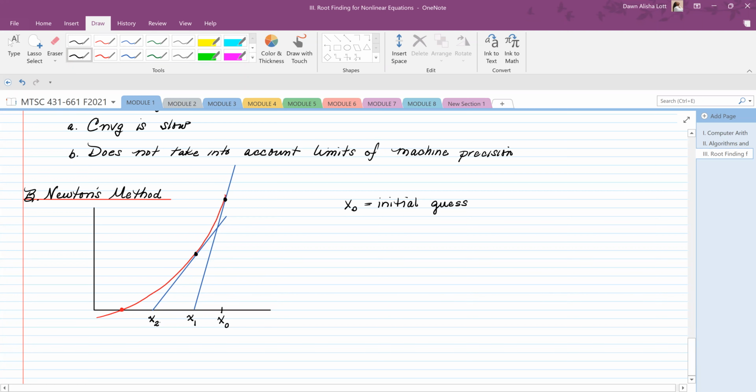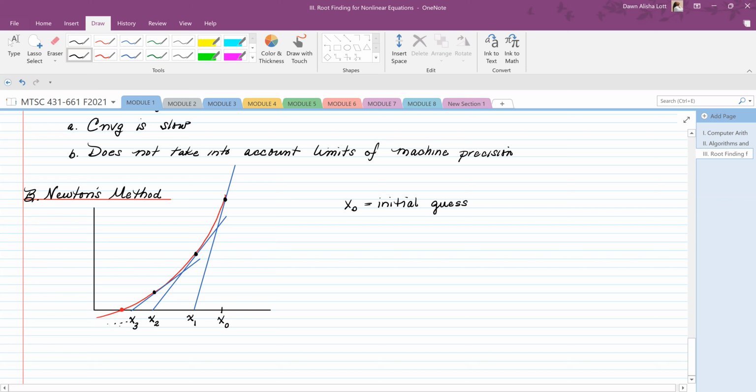And again, I find that f of x_2 is still not 0. So once again, I'm going to go up and find a tangent line so I can ride out through the tangent. And now I have a new point, x_3.